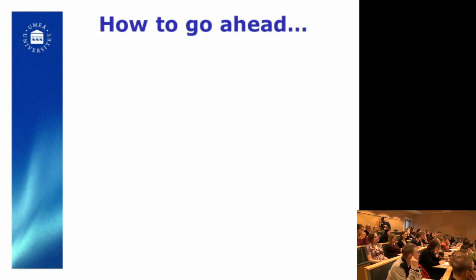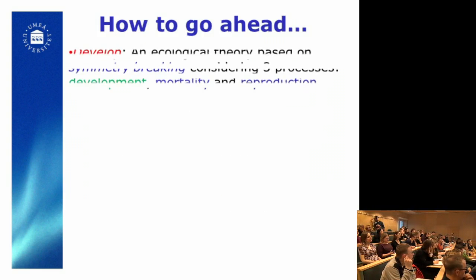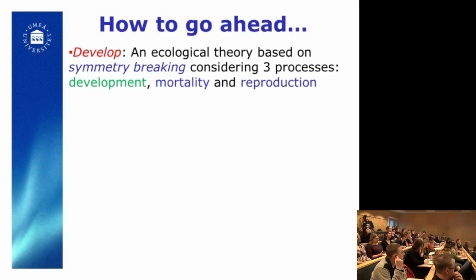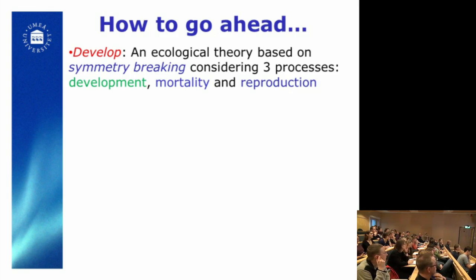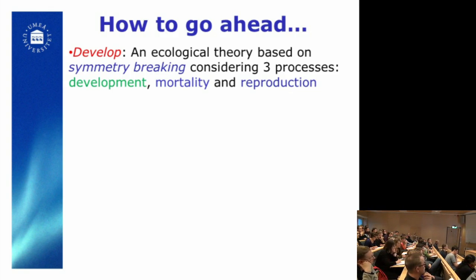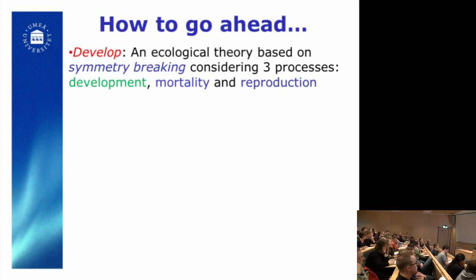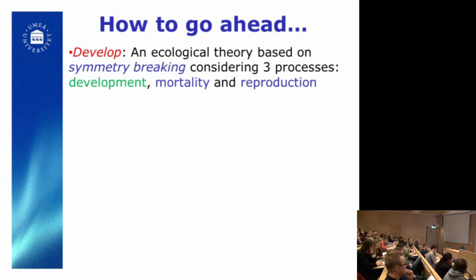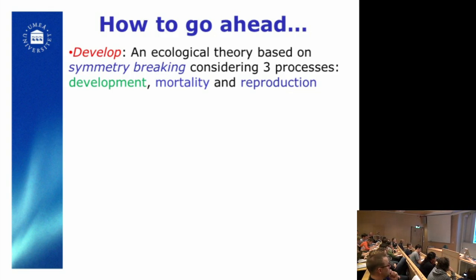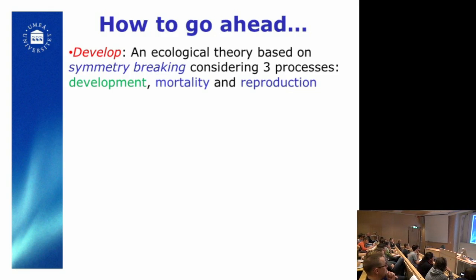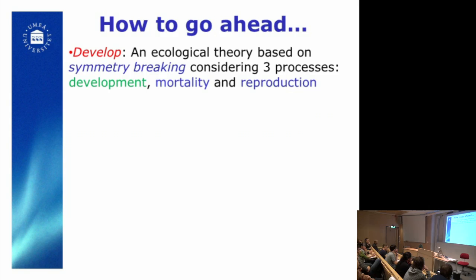So with these two problems, what is the way ahead? Well, what I would do here is develop an ecological theory based on symmetry breaking, considering three processes: development, mortality, and reproduction. For those who don't know, mortality and reproduction are viewed as the two major regulatory mechanisms in population ecology. Ontogenetic development, not yet.